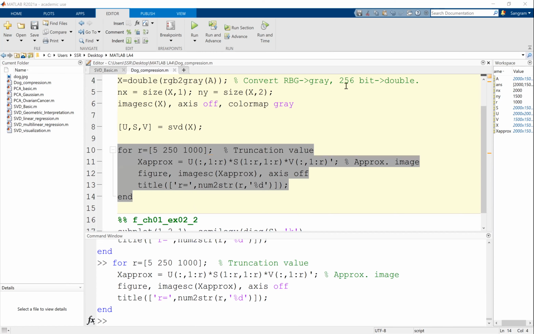But here is a point that I want to explain. Can you see that I'm retaining just the first 250 singular values? I'm retaining the first 1000 singular values, but the quality improvement is not significant. It means I could potentially retain just a very small part of that matrix and still be able to capture the most important information. Everyone understood this?